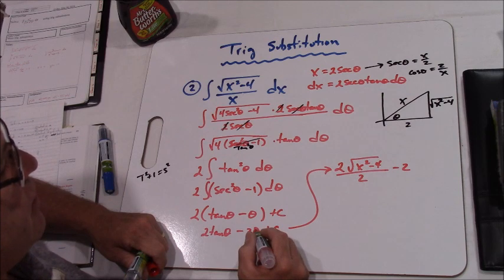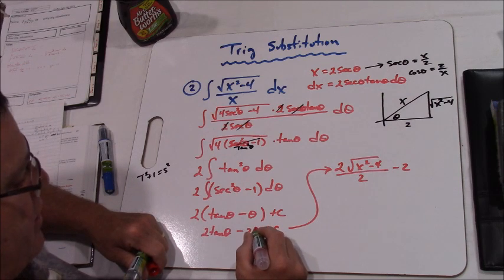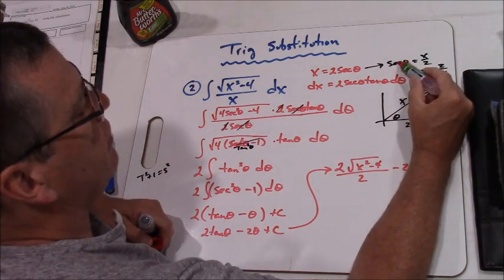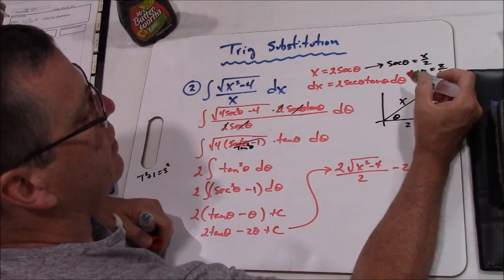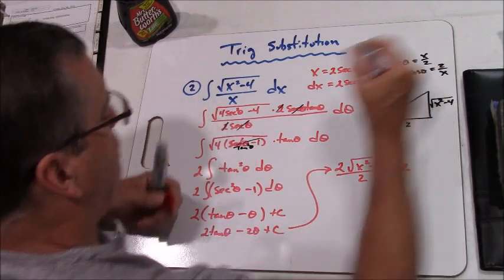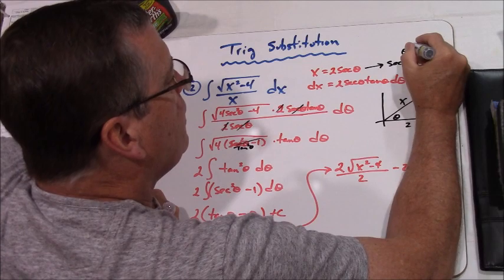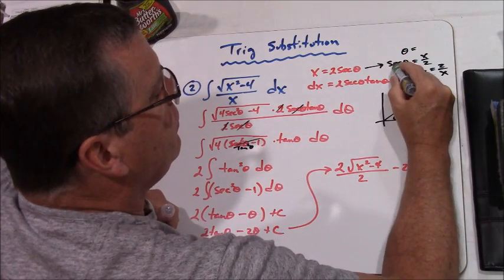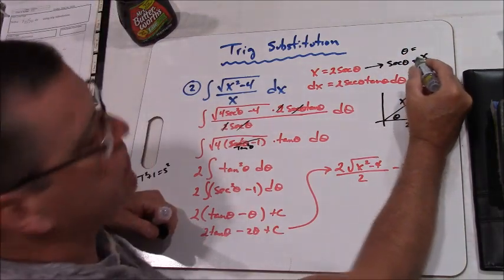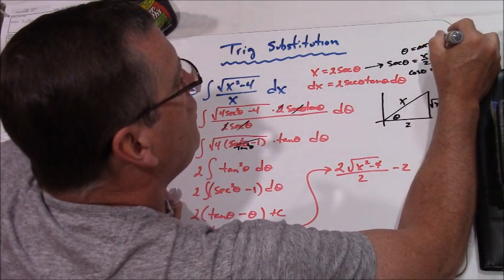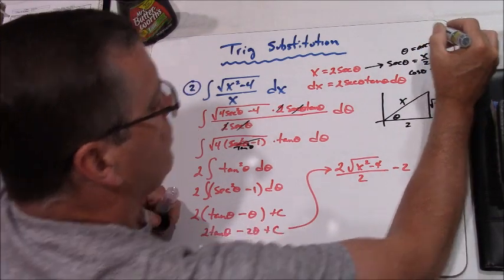So whenever you have a theta in here, usually you want to go back to this piece right here and say that theta is equal to, if you move the secant to the other side, you have to do the arcsecant. So arcsecant of x over 2.